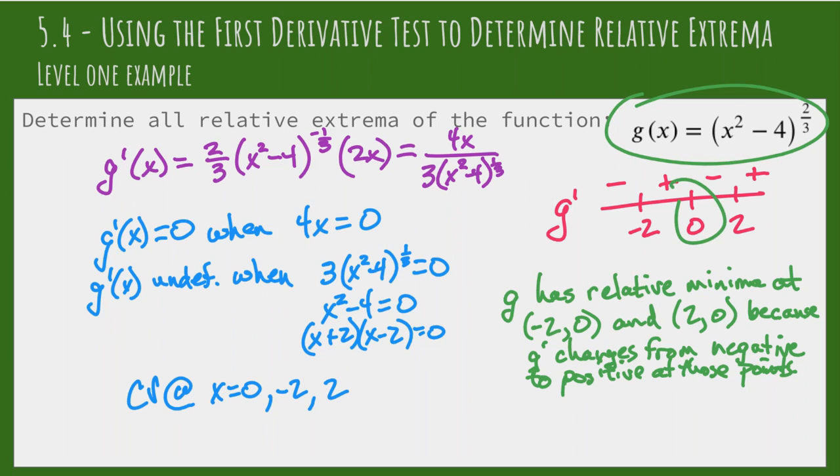At 0, the other critical value, we're going to have a relative maximum.